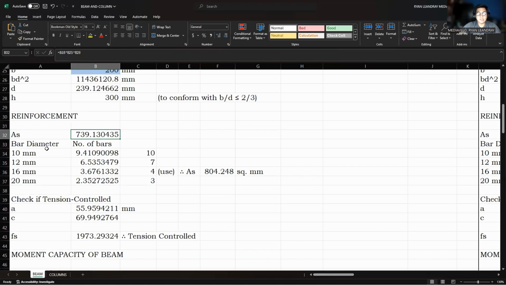And to have choices, I put all the possible bar diameters for the reinforcement, which as you can see, I have put 10 mm diameter, 12 mm diameter, 16 mm diameter, and also 20 mm diameter.